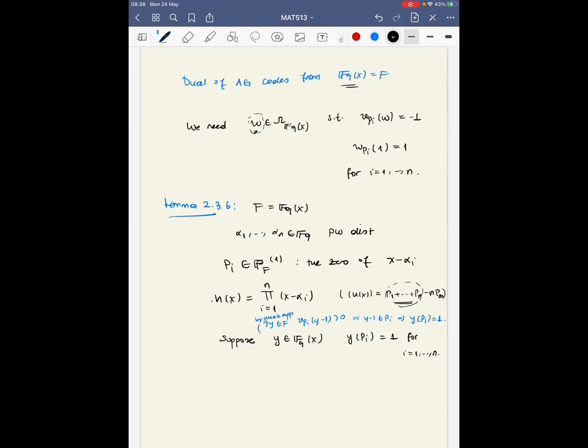And then by using this function and this polynomial, we set a Weil differential, which is described in terms of multiplication of a function by the Weil differential.